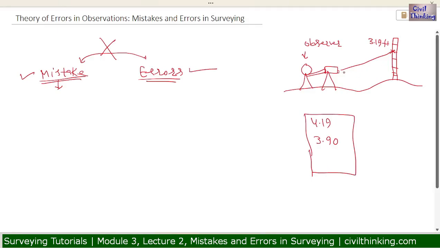For example, let us say he took another measurement. Here it was 1.5, but instead of 1.5, he wrote 2.5. So this is the mistake.